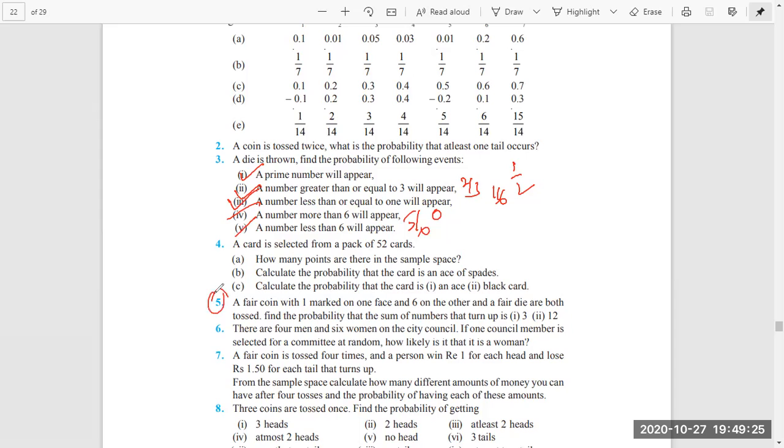Question number 5. A coin with 1 marked on one face and 6 on the other, and a die, are both tossed. Find the probability that the sum of numbers that turn up is 3 and 12.